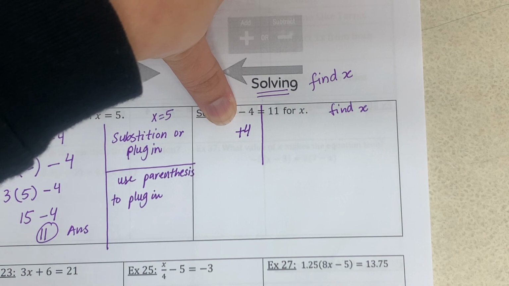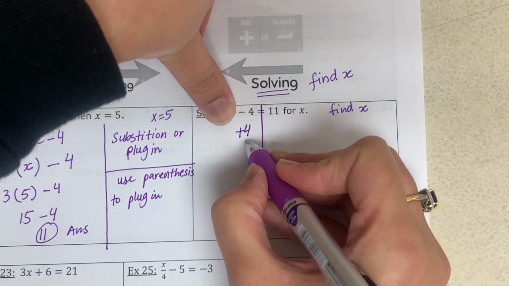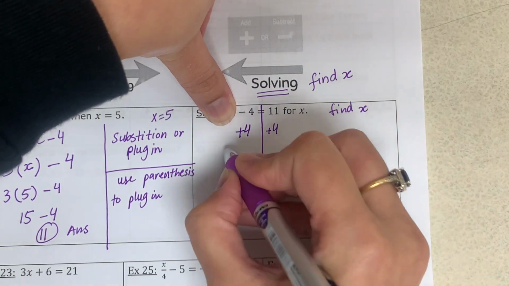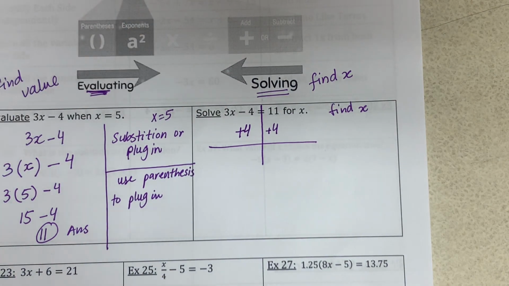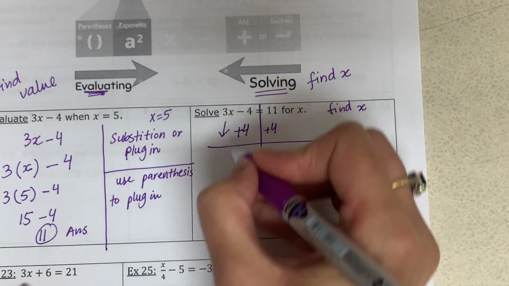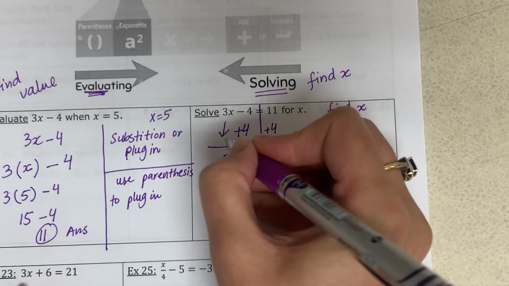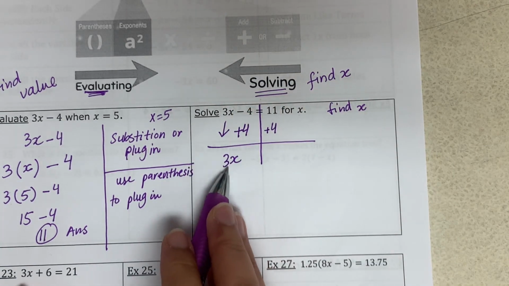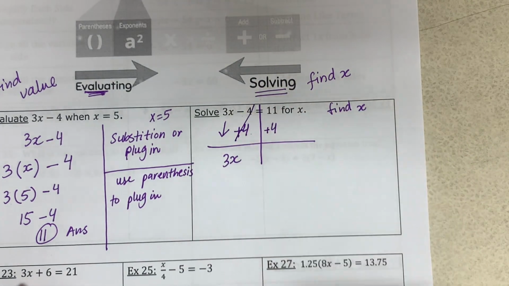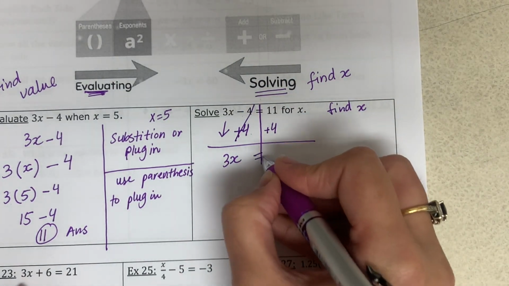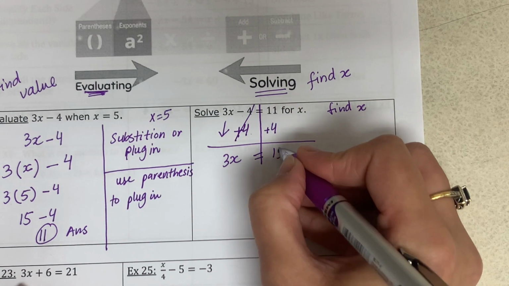Remember, it's the balanced beam. Whatever you do on the left, you have to do on the right. So plus 4 on both sides. Bring the 3x down. It's a 3x, not just the x. Negative 4 plus 4 is 0. Cross it out. Equal sign. 11 plus 4 is 15.